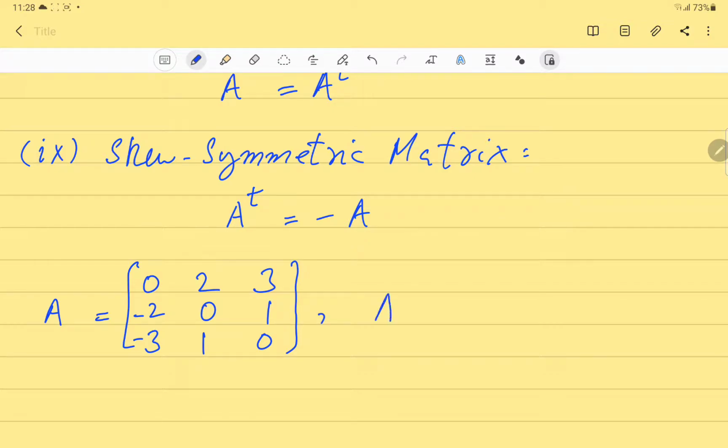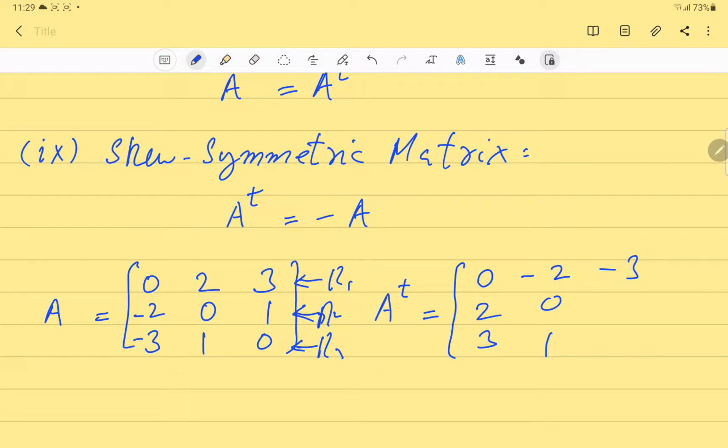So A transpose is equal to, same thing we have to do, we will take row 1 and put it in the place of column 1 of the transpose. So it will come like 0, 2, 3. Then we will take the second row and put its elements in column 2, so -2, 0, 1. And then the third one we will write -3, 1 and 0.